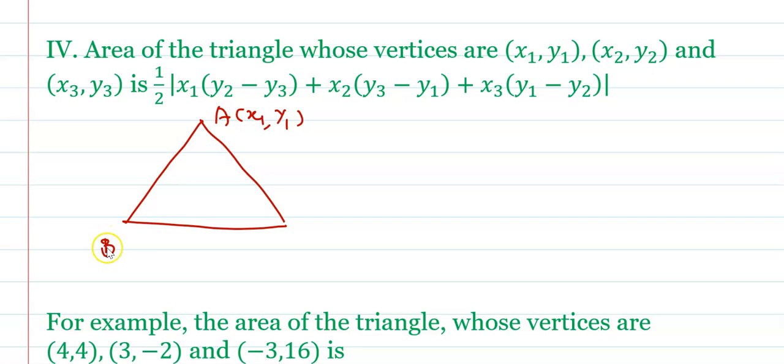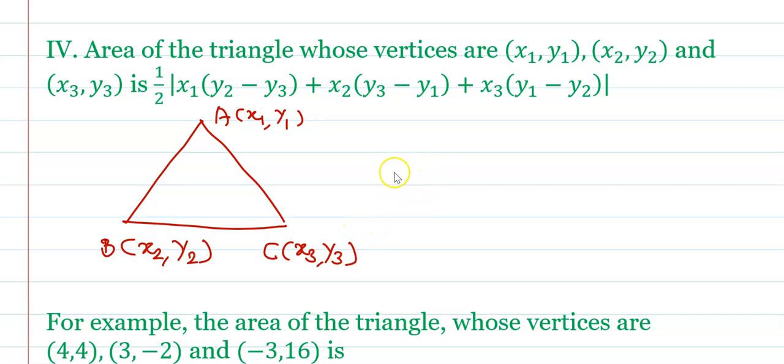B is the point x2, y2, and C is a point whose coordinate is x3, y3. And we want to find out the area.